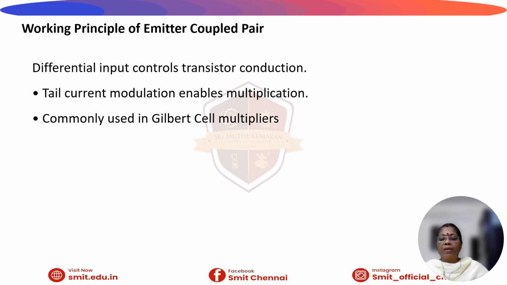Eventually, if the voltage difference is large enough, Q1 absorbs the entire IEE current and Q2 is driven into cutoff. The key characteristics are differential amplification and common mode rejection, which amplifies the differential signal and rejects the common signal. It is commonly used in the Gilbert multiplier cell.